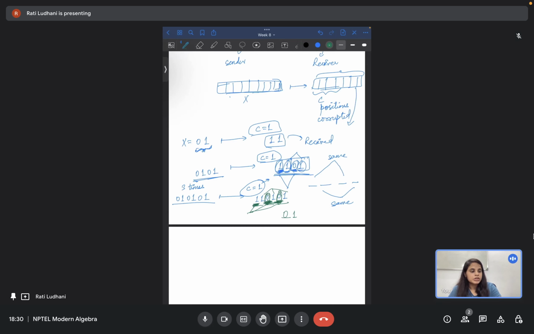You should still be able to have a maximum value. So with C equal to 2, it should be 5 time repetition, so that you can get the value, because you need 2 corrupted positions and 3 correct positions, which are from the original one.